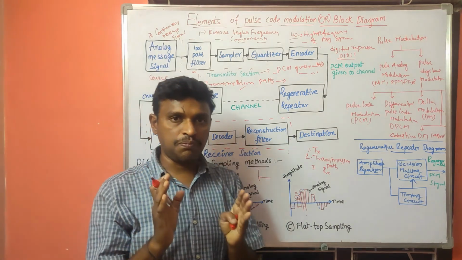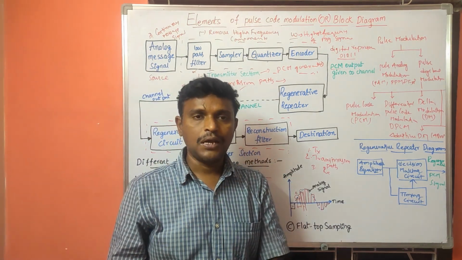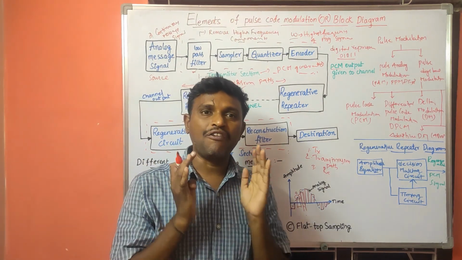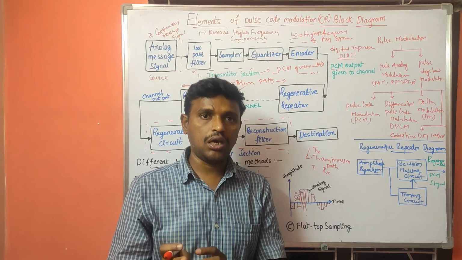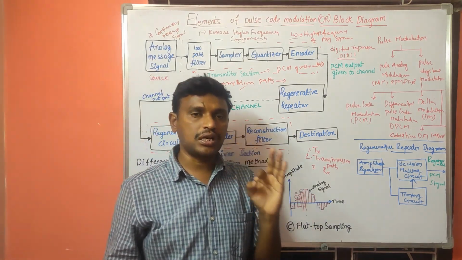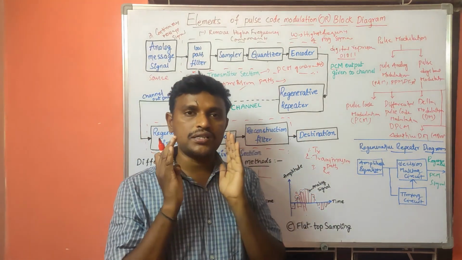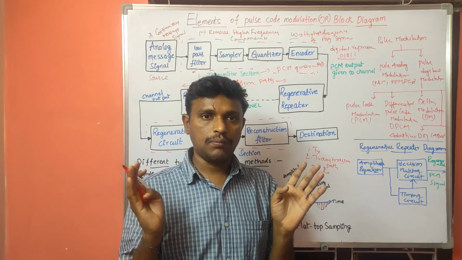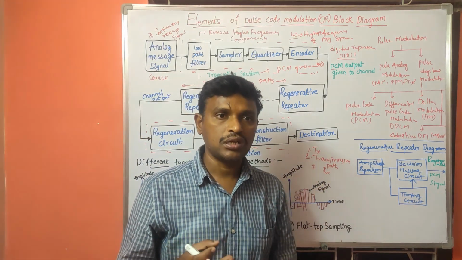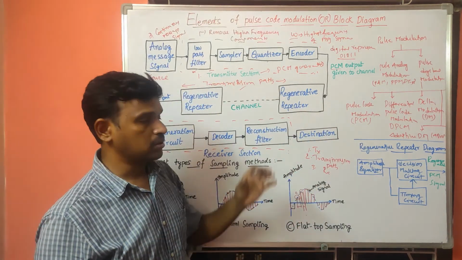In this transmission path we are going to use regenerative repeaters. Why are we using these regenerative repeaters? To avoid the noise effect. The main concern for using the regenerative repeaters in the transmission path is to avoid the noise effect. Whatever distortions are added due to noise can be avoided by using these regenerative repeaters.